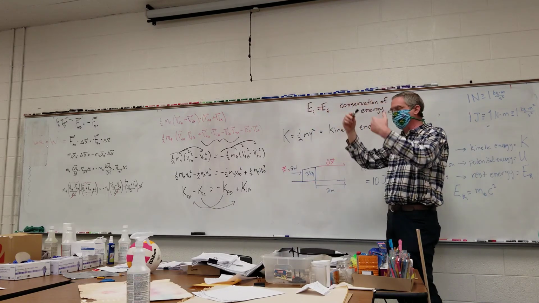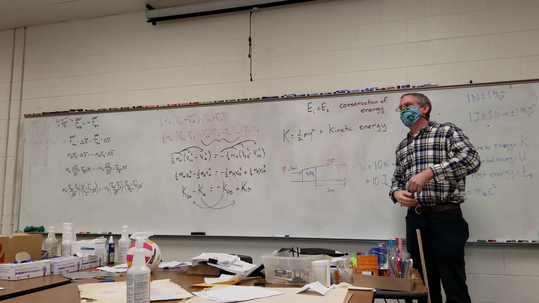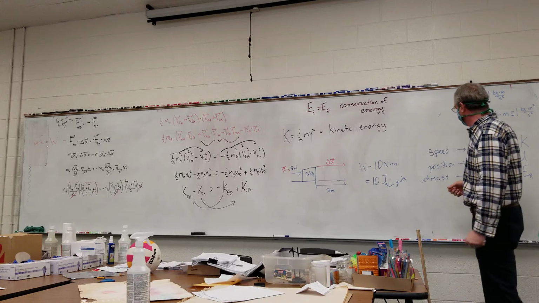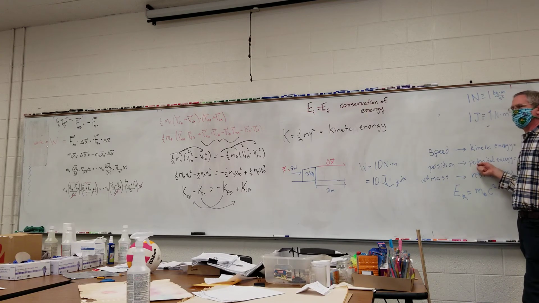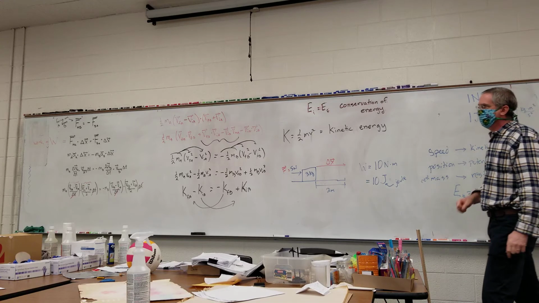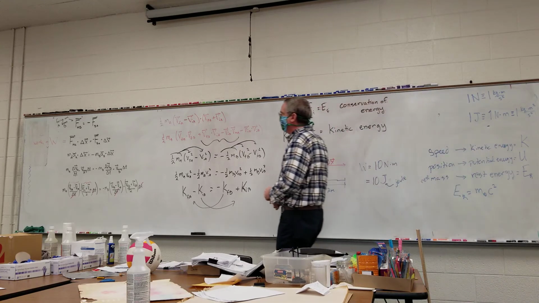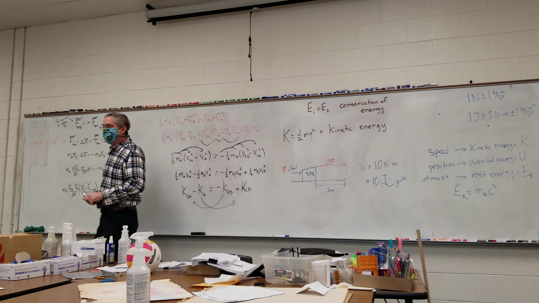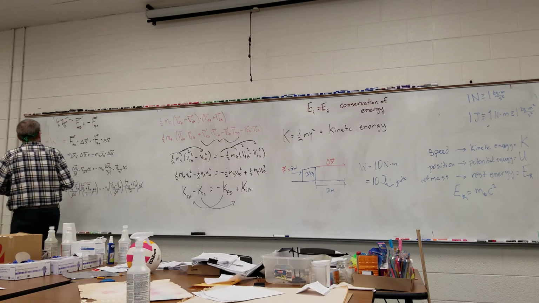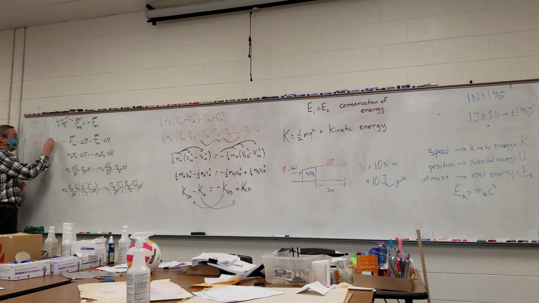So as the marker fell, it gained kinetic energy, but as it gained kinetic energy, it had to lose other types of energy. It lost potential energy. Or the potential energy got converted into kinetic energy because work was being done. So work is the mechanism for transferring energy from one type into another. That's the conceptual definition of work.